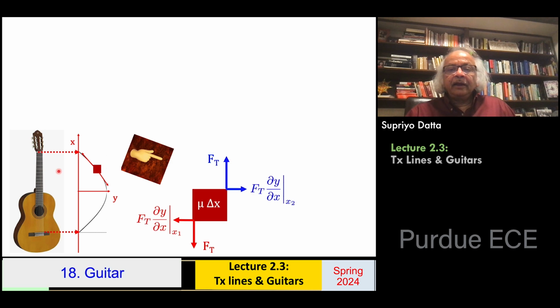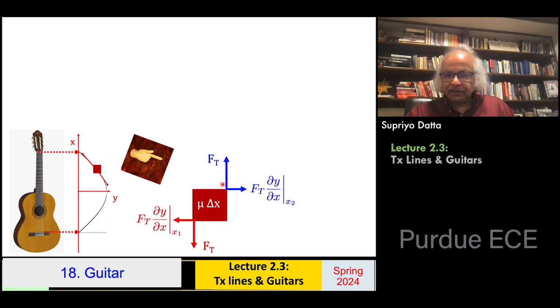Okay. Now, how do we obtain this equation, the second equation? Well, you can basically write down Newton's laws for a little element of this string. So you consider this little element here, and the point is this element is not moving in the x direction, it's only moving in the y direction. So in the x direction, they must have the same force acting, and so it doesn't move.